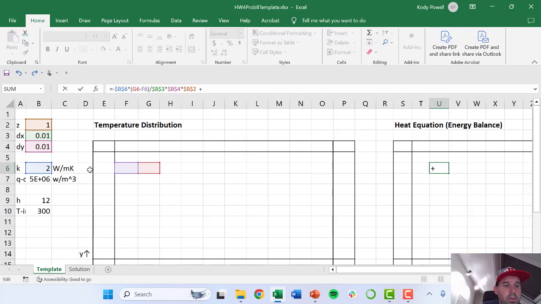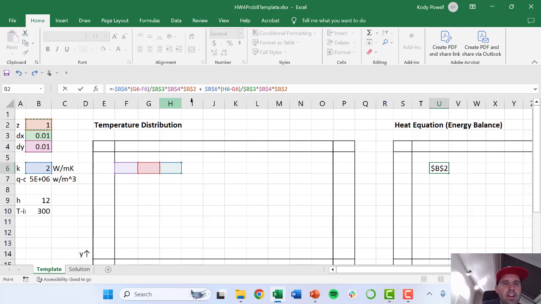I have the plus k times my temperature difference approximation, so I'm going to go the i plus 1 cell minus the ith cell, so I have k times delta T. Here I want to divide by delta x again, and I'm going to multiply that by my cross-sectional area, delta y times z, and again I want both of those to be absolute references.